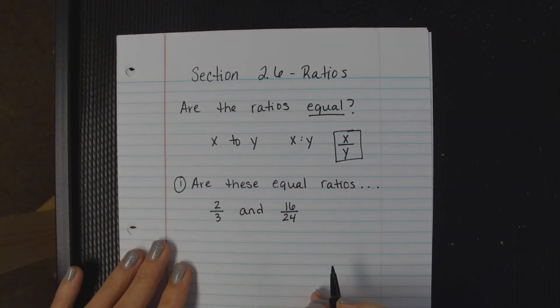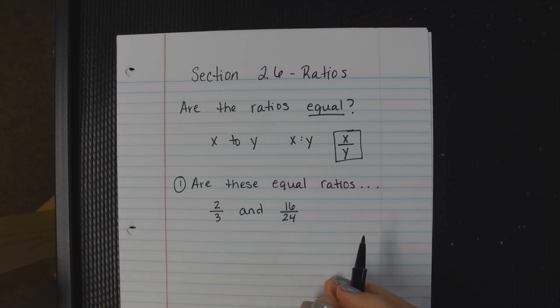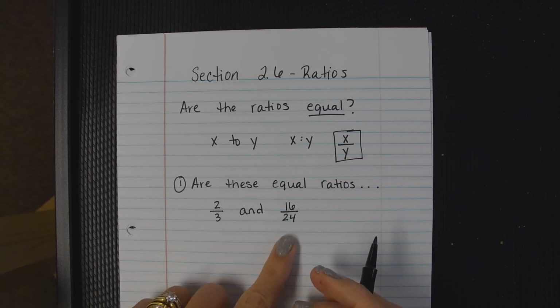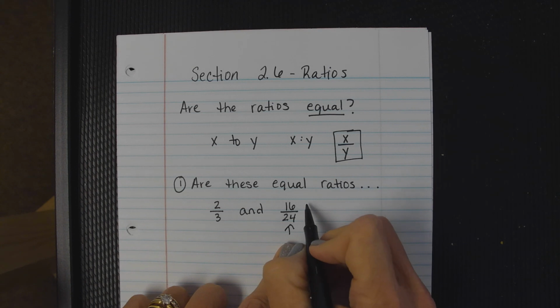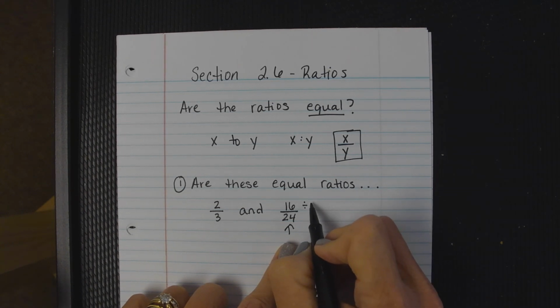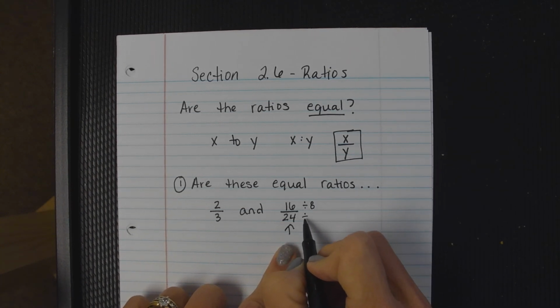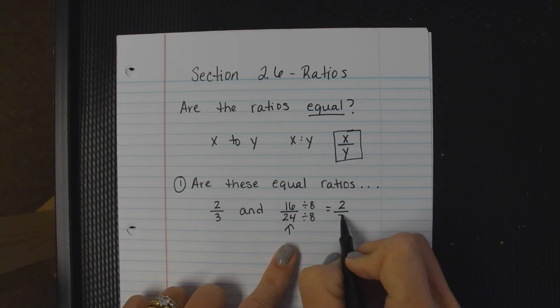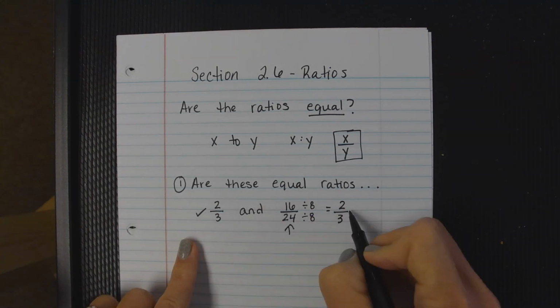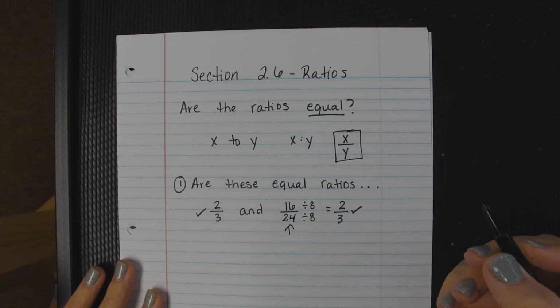A couple ways you can do this. Basically, you want to simplify the fraction. Okay, so I want to focus on this one here. If you simplify the fraction, remember you can divide both by 8 and you get 2/3. So they are equal fractions.